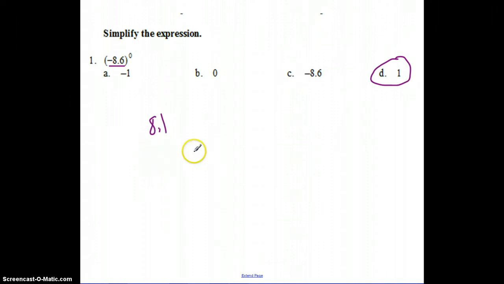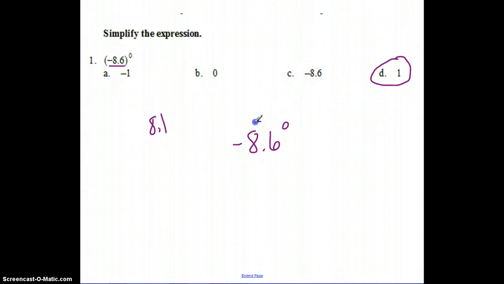The only thing you would have to be very careful on is if your problem actually looked like this. If this was the problem that you had, this is different than the problem that's here because the negative is actually inside the parentheses, so it tells you the entire base of that is negative 8.6.